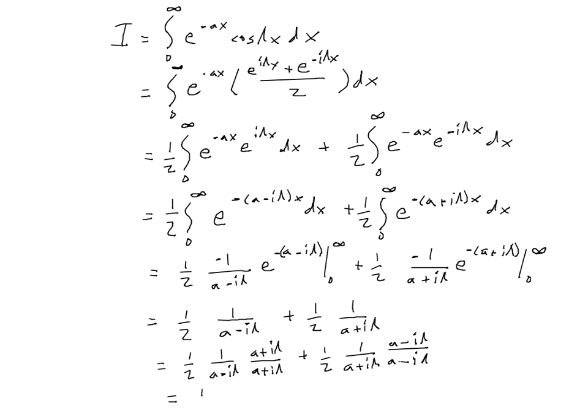And so the result is going to be 1/2 times a plus I lambda over a squared plus lambda squared, and then the other one's going to be 1/2 times a minus I lambda over a squared plus lambda squared. And you'll notice that the I lambda terms here cancel out, and the a terms add together, and you get the same result.